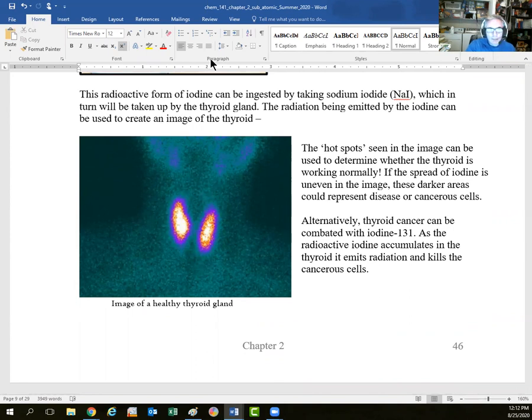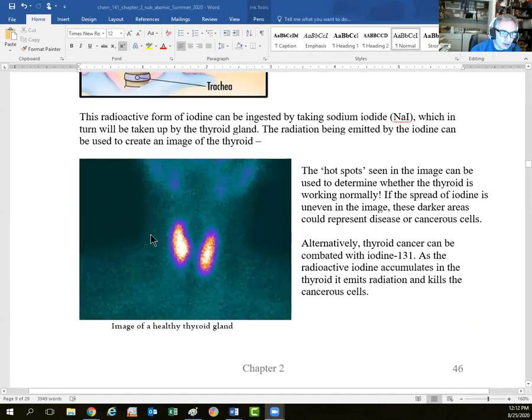However, if one of the thyroid glands looked misshapen compared to the other, or looked much darker with lower intensity, that could be a sign that there's no iodine being stored in that part of the gland. It could mean that there are problems.